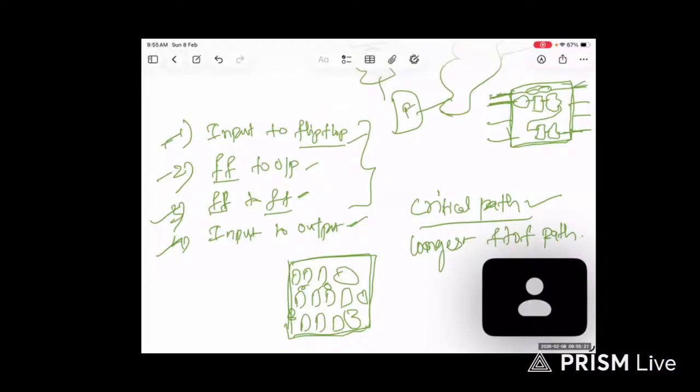Is there any reference book or study material that we can follow with the class? Maybe I'll have to see if there is anything available, but whatever is there in the class, you are not able to understand?